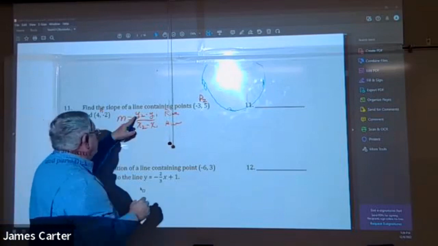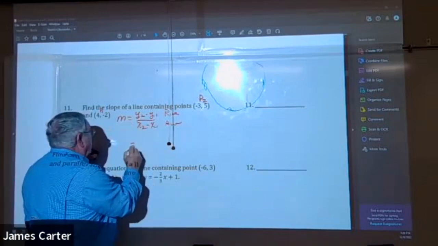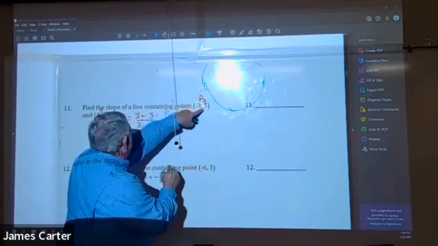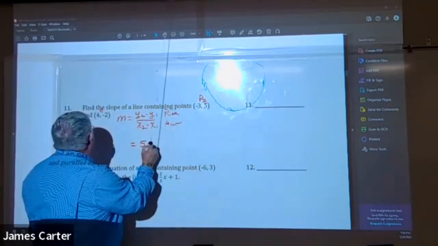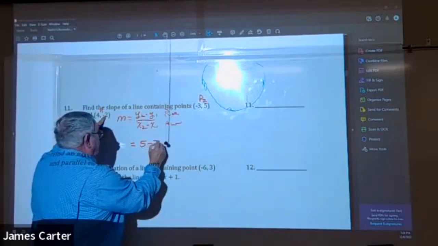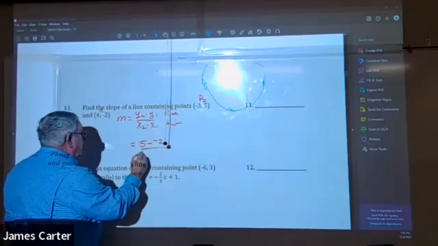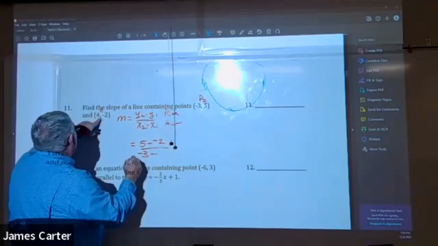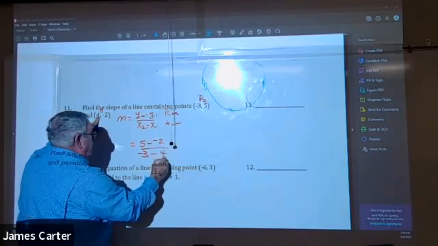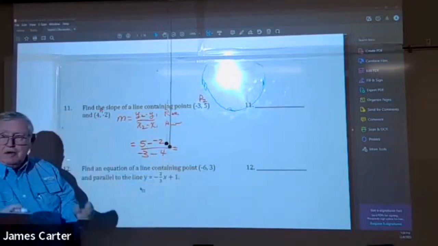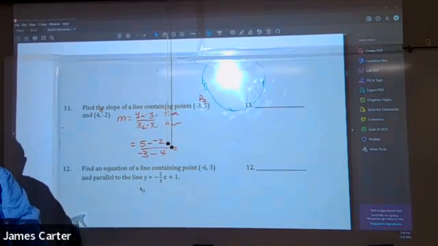Okay, so let's do the y's. 5 minus -2 over -3 minus +4. See how much easier that is when you just go left, right, left, right.